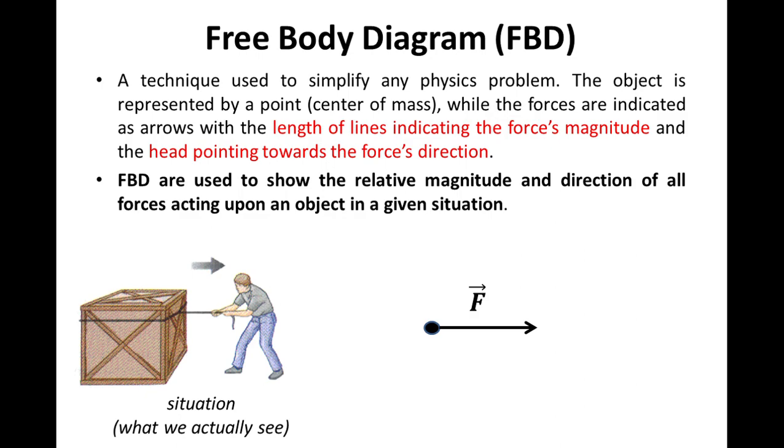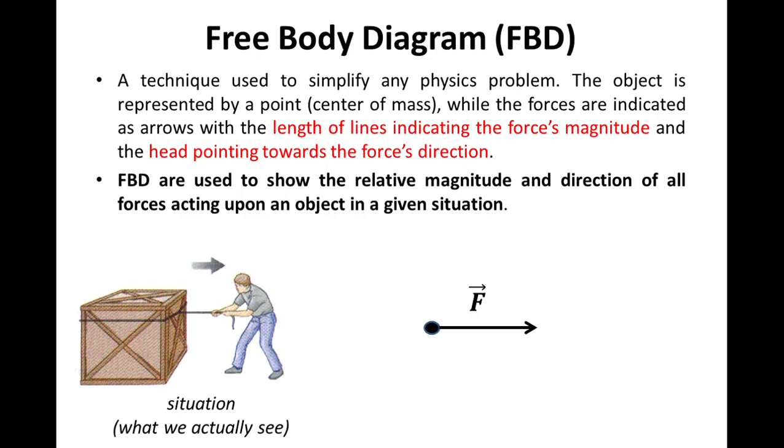In other words, FBDs are used to show the relative magnitude and direction of all forces acting upon an object in a given situation. For example, this box being pulled by the person. What we see is this person pulling the box, and as a result, the box is now moving towards the right.